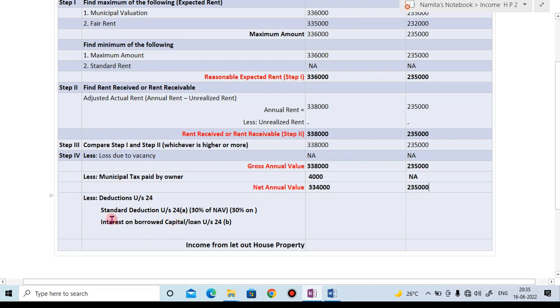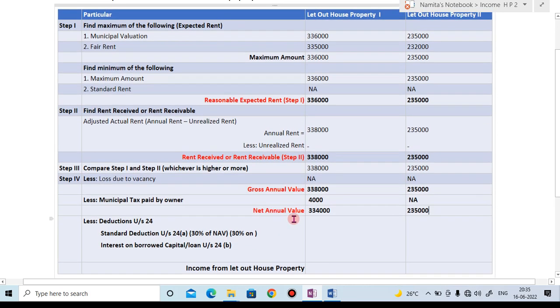So first deduction is standard deduction under section 24. So this standard deduction under section 24 says that 30% of net annual value.